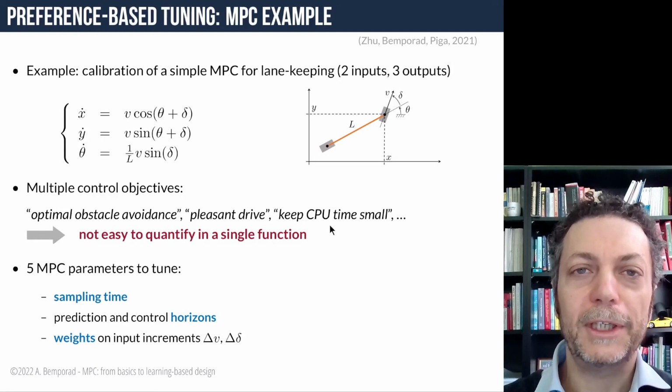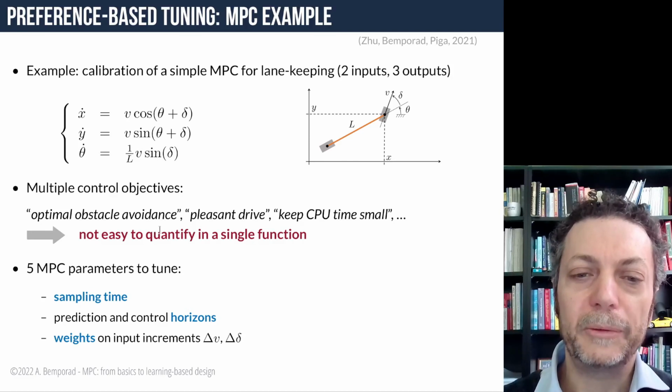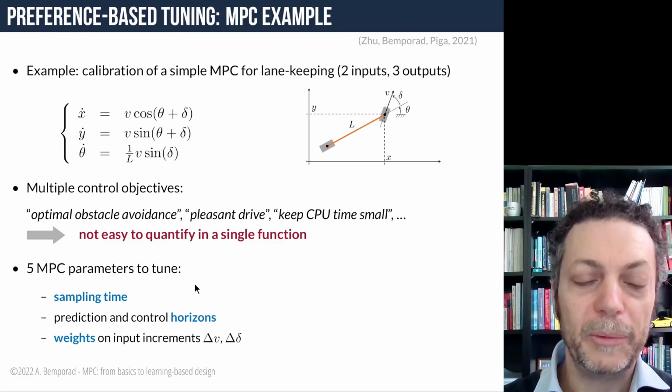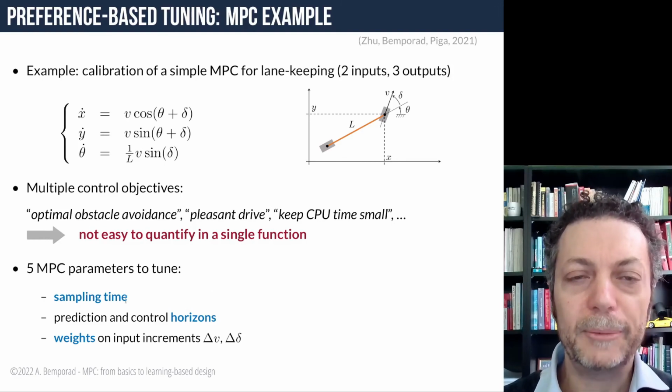Now, these are not easy to quantify in a single objective function. So what we've done is to run the preference-based optimization algorithm to choose 5 parameters: sampling time, the prediction and control horizons, and the weights on the input increments, in this case steering angle and increments in velocity of the vehicle.